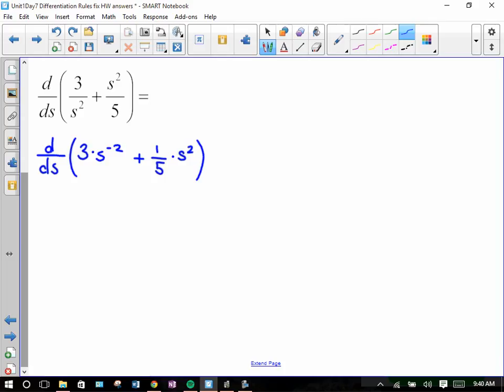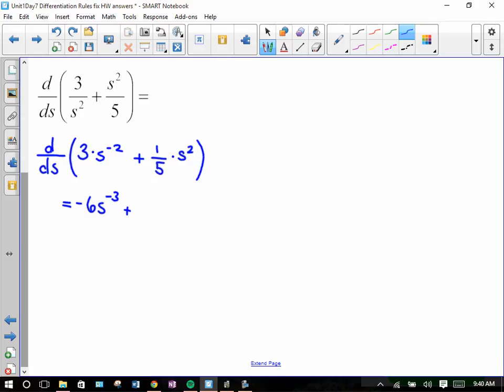The derivative of this, so ds is equal to, you take your exponent and multiply it by the coefficient. Negative 2 times 3 is what? Negative 6. So you have s, and negative 2 minus 1 is negative 3. So negative 6 times s to the negative 3 power.